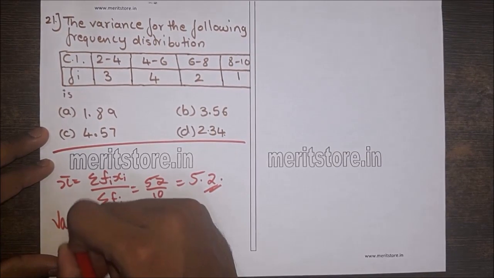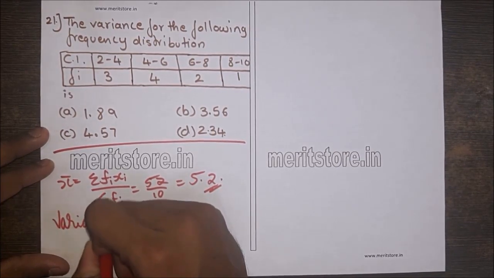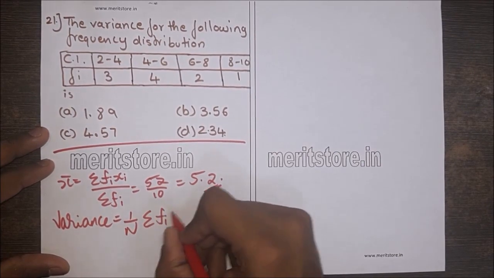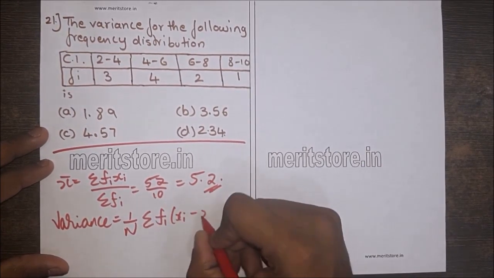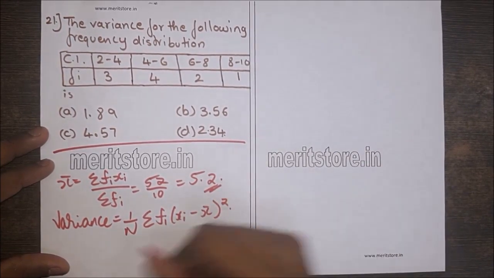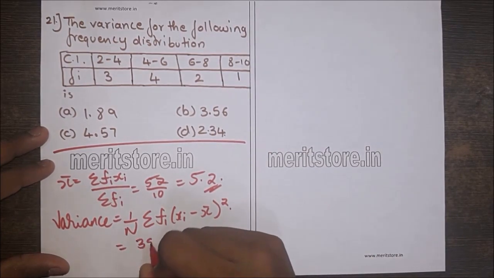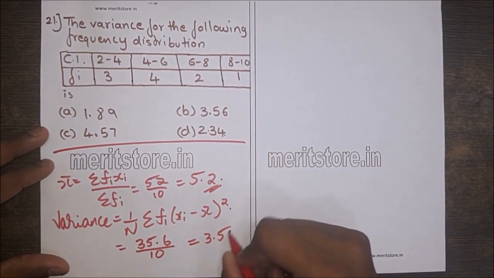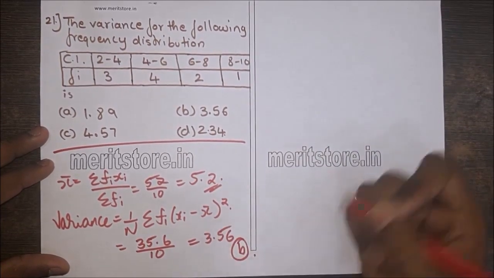Now the variance is equal to 1 by n summation fi xi minus x bar the whole square, which is equal to 35.6 by 10, which is equal to 3.56, option B.